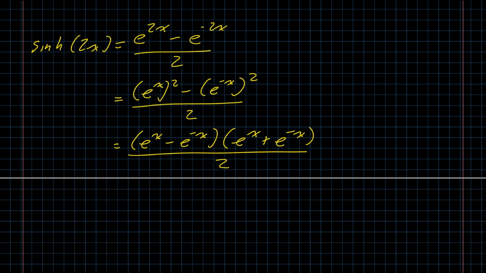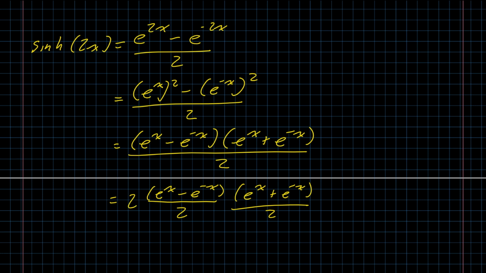If I'm really careful about this, you might notice that it would be really nice if I could take (e to the x minus e to the minus x) over 2 and also take (e to the x plus e to the minus x) over 2, which introduced an extra factor of 2 in the denominator compared to what was there before. But I can fix that by putting a 2 out front. Why was this useful?